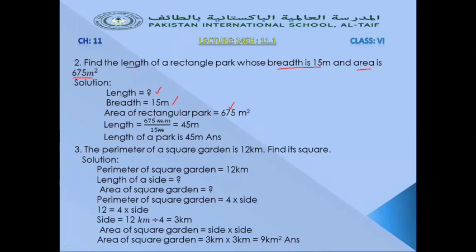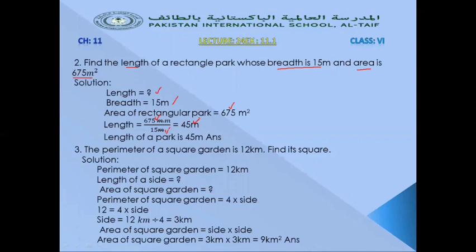Here area is 675 and breadth is equal to 15. Meter will be cancelled, and the table of 15 we can read on 675 is 45.